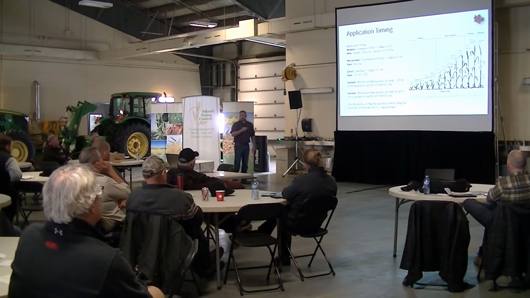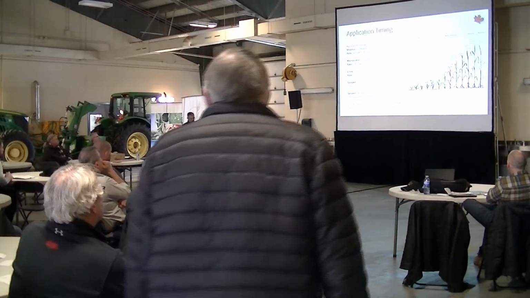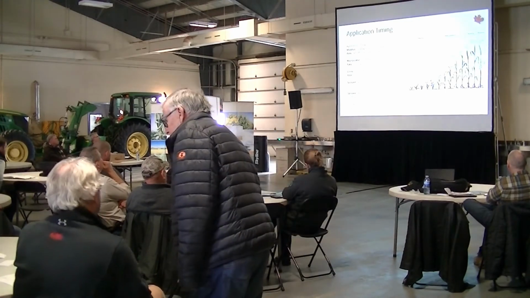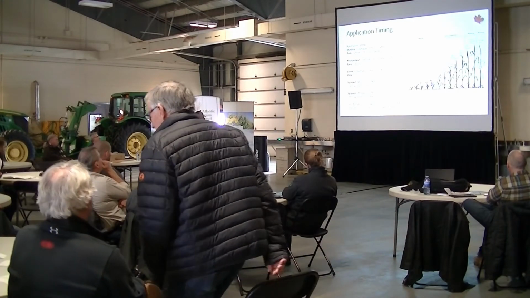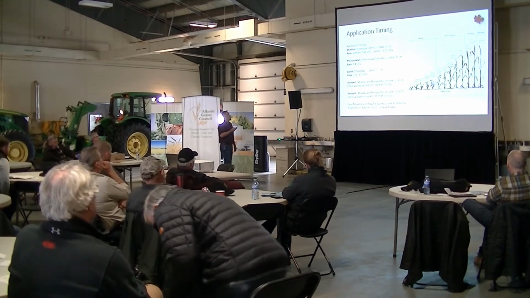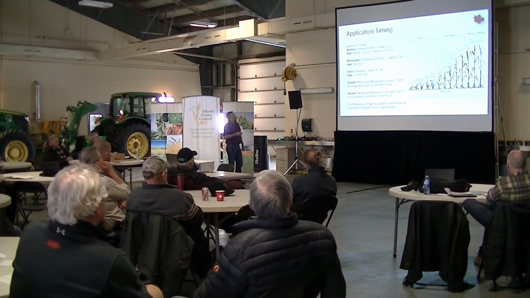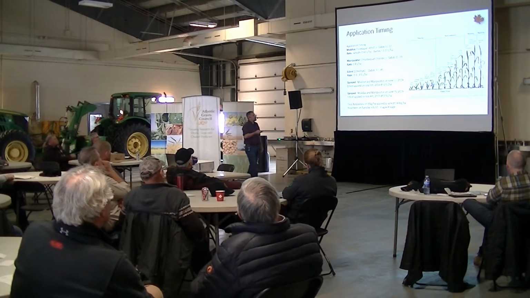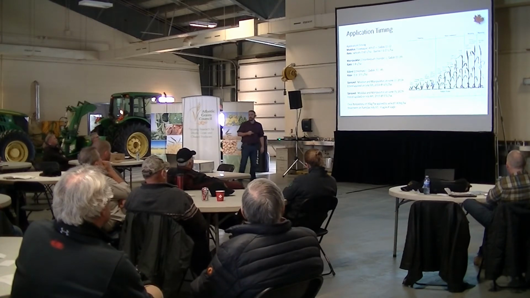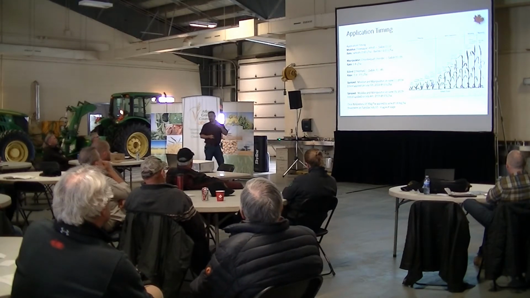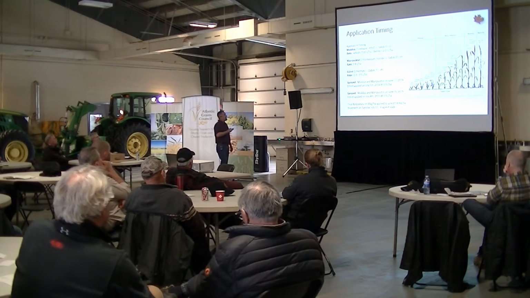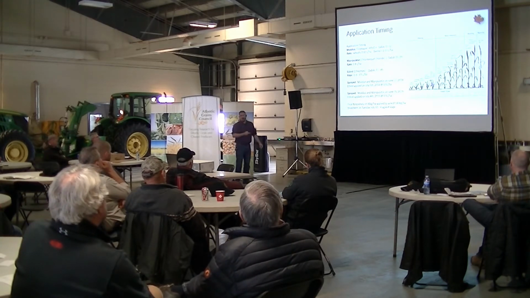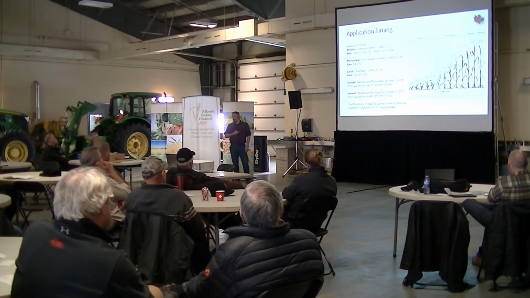So just a little bit about the timing of when we put these growth regulators on. We did it according to the label. For Modus, we put them on at Zadok 31 to 32, which is when it says. That's just when your first and second node are starting, basically right when the plants are starting to stretch. The Manipulator, around the same timing, although you have a much wider window, and that's why some producers really like Manipulator.